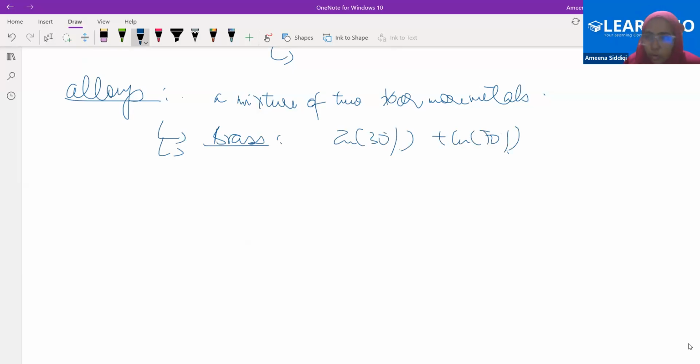Now, what happens, beta? In case of an alloy, because it's a mixture, clearly there should be no chemical bonding. But actually, there is a chemical bonding between the metals. But it is not referred to as a pure substance or a compound, because the properties of alloys are actually towards the properties of mixtures rather than that of pure substances. Alloys have a chemical bonding, that is true, but they do have a variable composition.